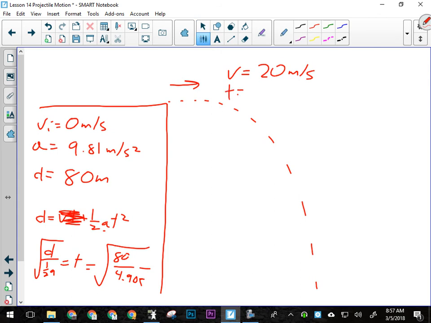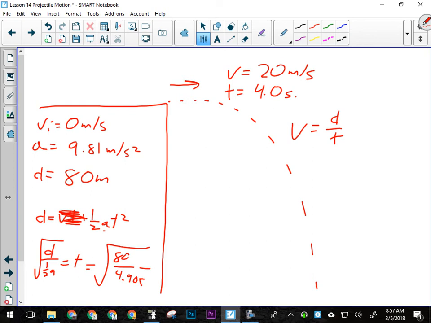So I'm going to write that over here because it also applies to the horizontal part of this. Now, the whole time they're falling, they're traveling horizontally at 20 meters per second. Can I figure out how far they're going to go horizontally? What formula will I use for that? Remember, their velocity doesn't change. v equals d over t.